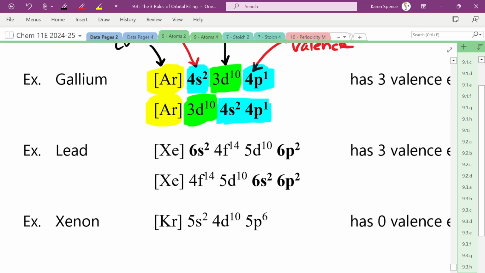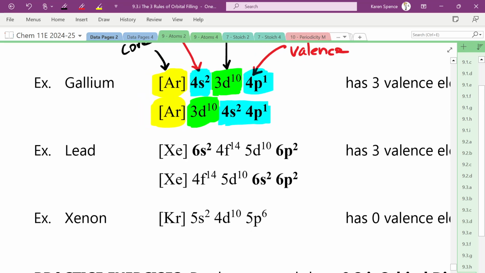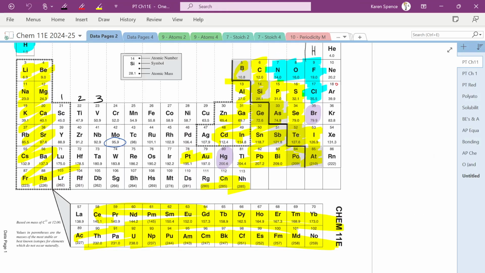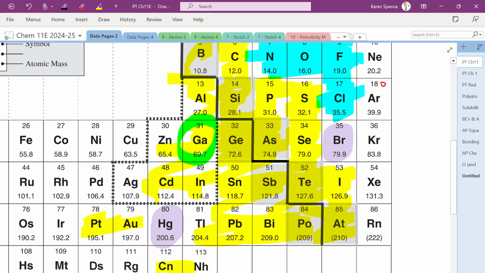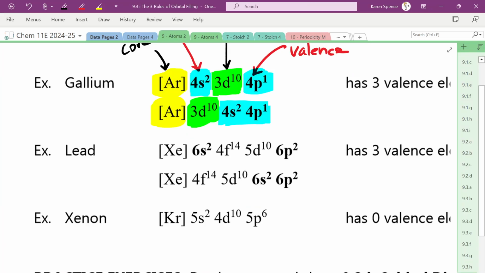Again, here we have lead, okay? And actually, if we look on the periodic table at gallium, let's just take a look. Gallium is here, yes? What charge would a gallium ion be? It's right under aluminum. What charge is aluminum? Aluminum is 3+. Gallium is also 3+. Let's go look at our structure here. Look at this. We've got 3 valence electrons.